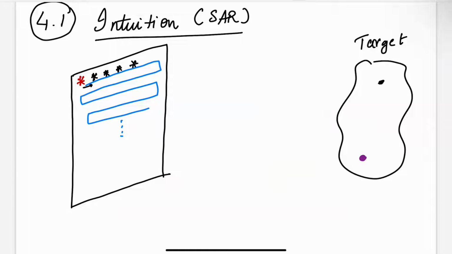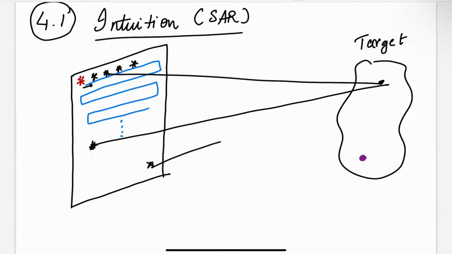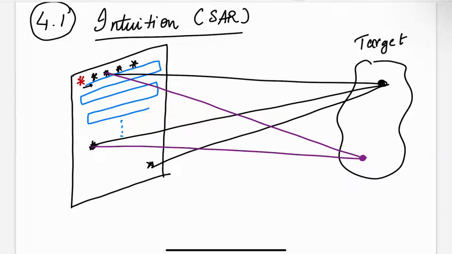So from this element, and let's say I have another element here, just arbitrarily choosing these elements, these 3 elements illuminate this point, and they also illuminate this point, right? And the idea is that when you look at, say, the black point from all of these elements, the signal that you receive overall is different than when you look at the purple point, right?